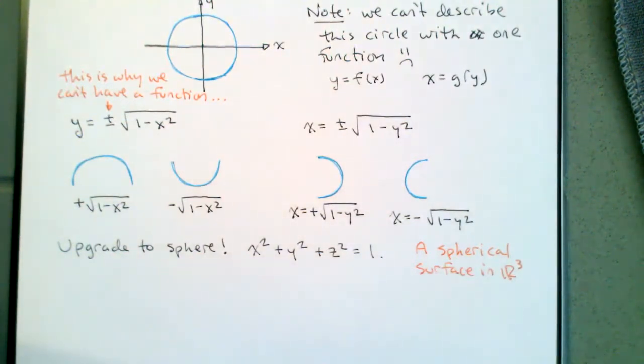And we have exactly the same issue that we had in the circle situation. We can't describe this sphere where one variable is a function of the others.